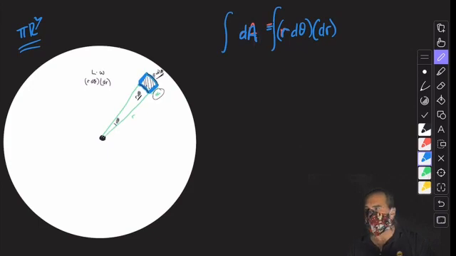I would add up every one of these little squares over the entire disk. Now, there are some problems with this. The first is I have two different little derivative pieces here, which means that my actual integral is going to have to be done twice, one in each dimension.